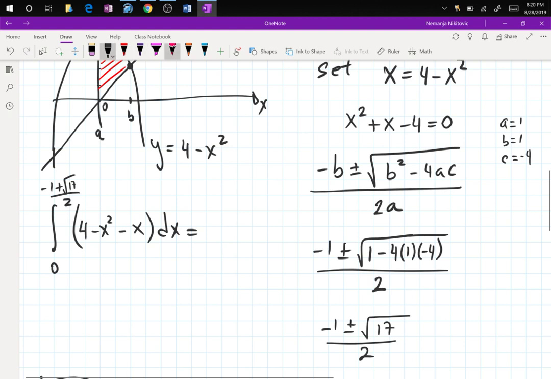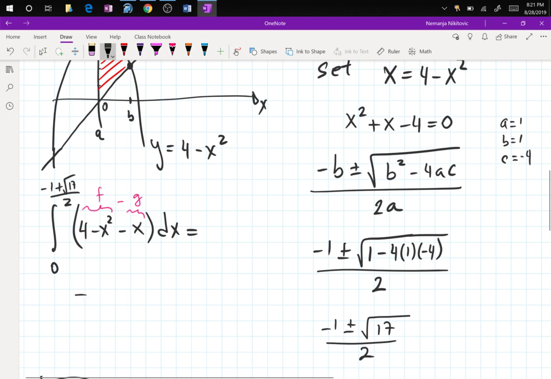I'll give you some colors over here. So this over here is your f, and this is minus g. So g is on the bottom. That's the linear one, so that's just x. And then the quadratic polynomial on top. Great.